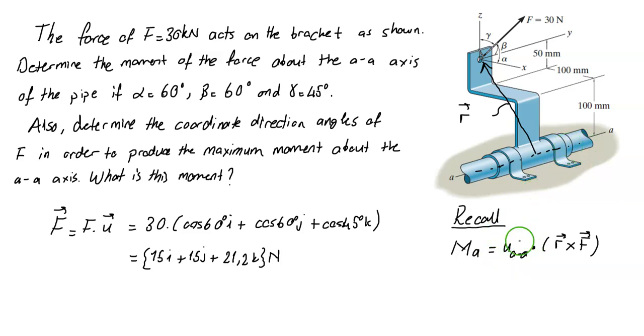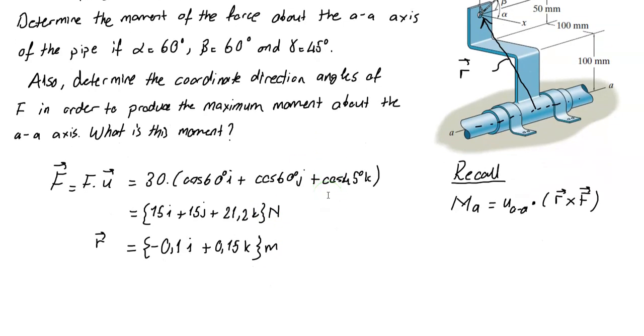And as for the UAA, since it lies exactly in the y-axis direction, it's simply J. So the R vector is minus 0.1 I plus 0.15 K, and the unit is meters.